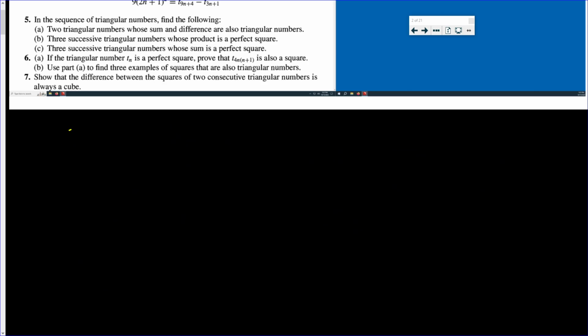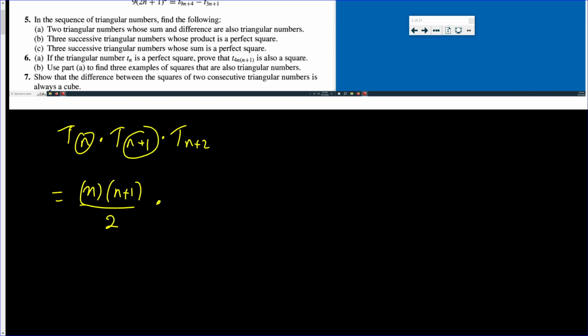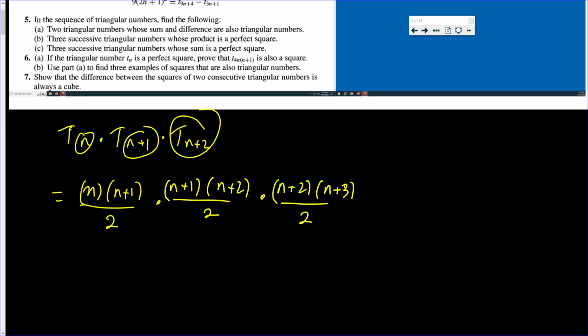Okay, letter B. 3 consecutive triangular numbers whose product is a perfect square. Okay, so Tn times T sub n plus 1 times T sub n plus 2. This is supposed to be a perfect square. Well, Tn is n times 1 more over 2, times T sub n plus 1, which is n plus 1 times 1 more over 2, times T sub n plus 2, which is n plus 2 times 1 more over 2.